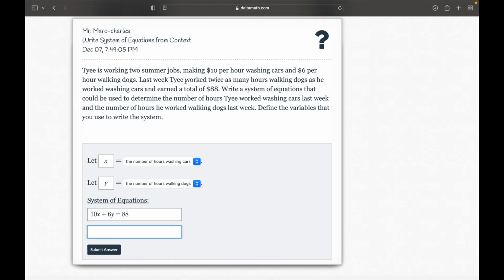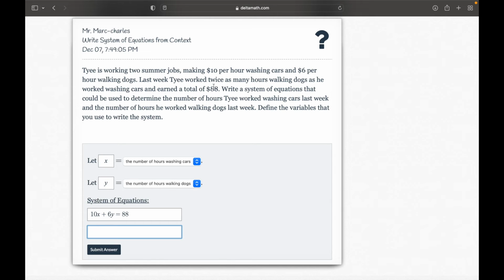Okay, and it says Tai worked twice as many hours walking dogs as he did washing cars. So what did he do more of? Walking dogs or washing cars? It says Tai worked twice as many hours walking dogs as he did washing cars.